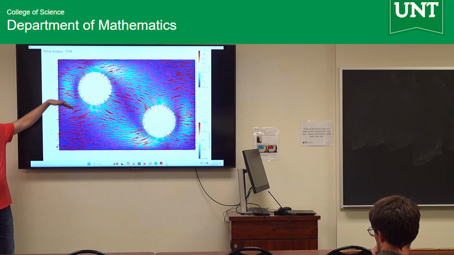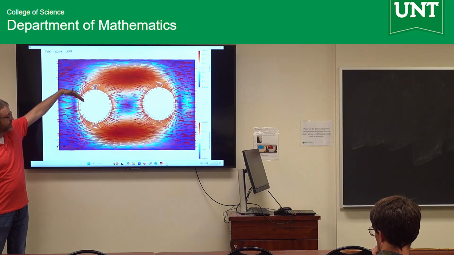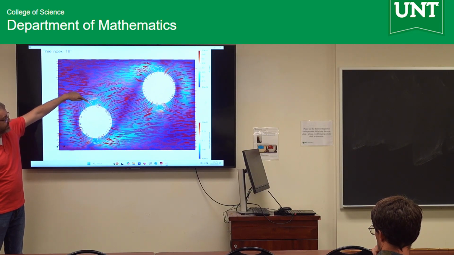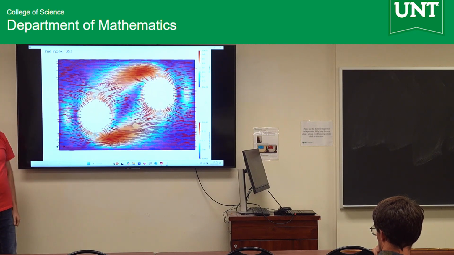Here we're doing normal anchoring, and you can see the line segments are normal to the surface, and you can see a -1/2 degree defect at either opposite end of the colloids.